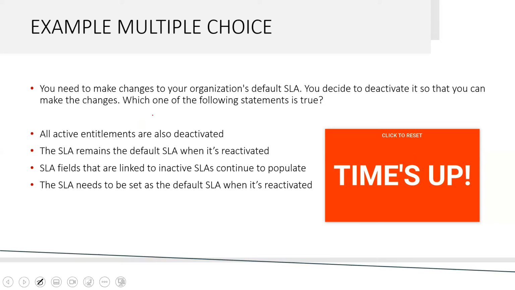Option 2, the SLA remains the default SLA when it's reactivated. Option 3, SLA fields that are linked to the inactive SLA continue to populate. Option D, the SLA needs to be set as the default SLA when it's reactivated. So let's get your answers on the chat box and let me start the timer now.